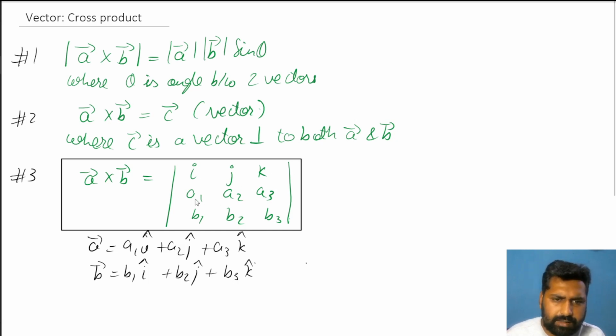Mistakes usually happen in opening this, and students have the tendency to open it along the first row. Okay, plus minus plus, i j k directly you will get. Don't try to open it along this column. Okay. All right.